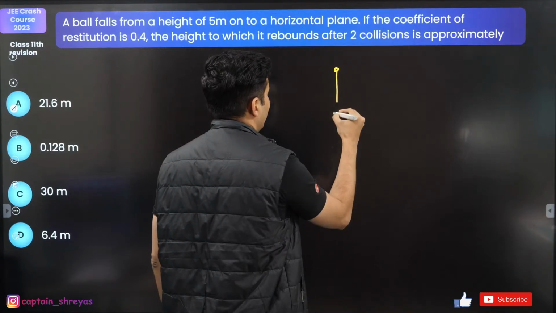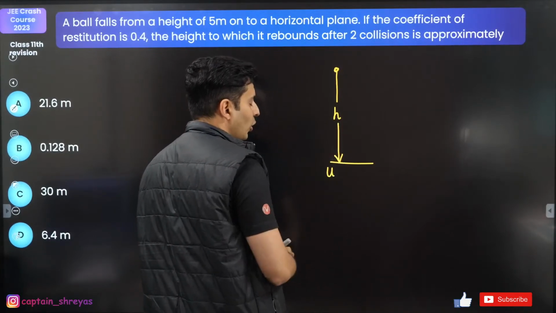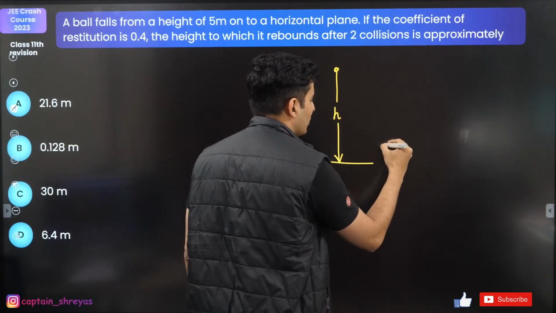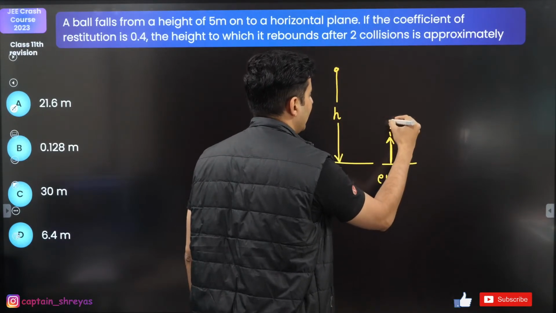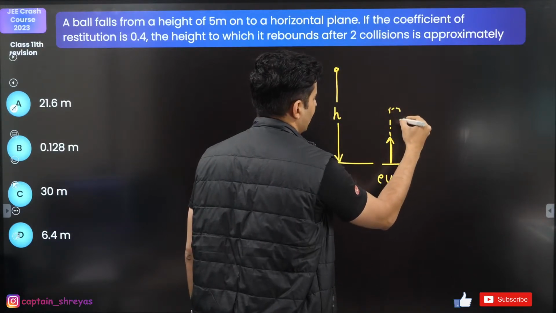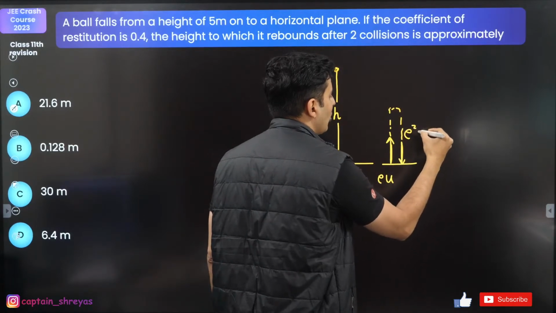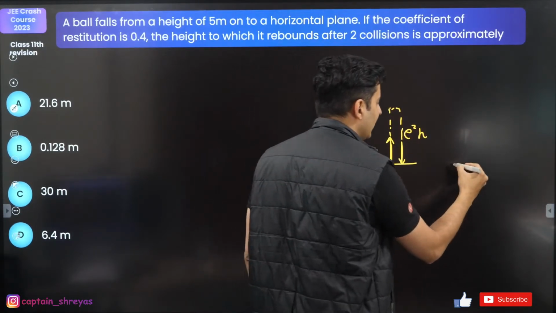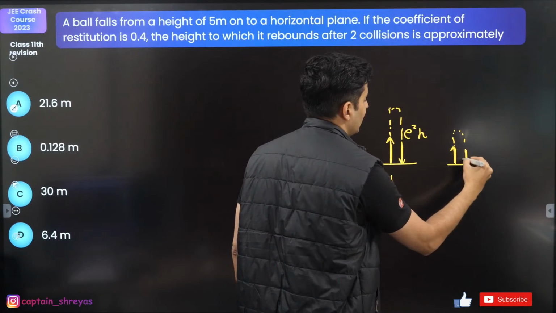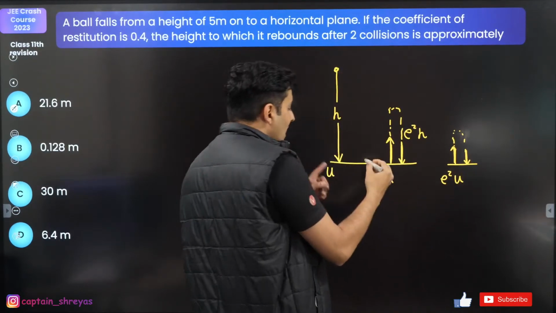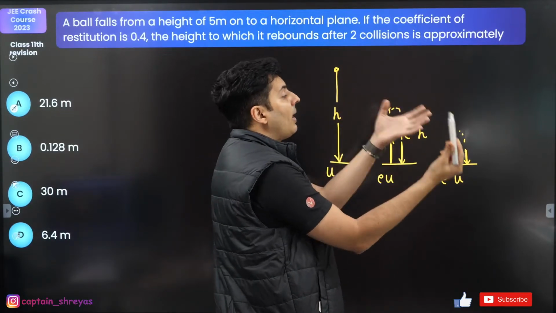If you drop a ball from height h, and it hits the floor with speed u, after the first collision the speed will become e times u, the height will become a little bit less, and it comes back down with the same reduced speed. This height is e square times h. Again it hits, now it rebounds with even lesser speed and goes up to a lesser height. This speed will be e square times u. Every time the speed gets multiplied by e, the height gets multiplied by e square.